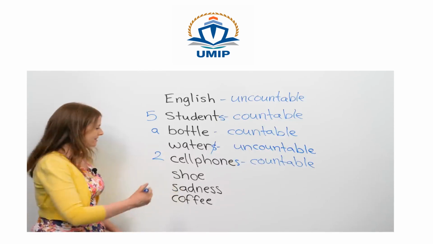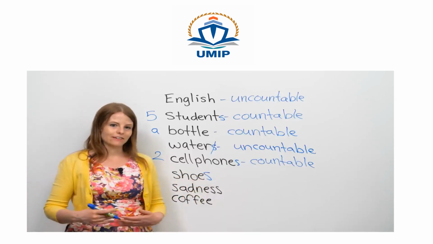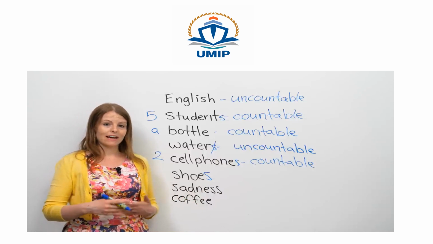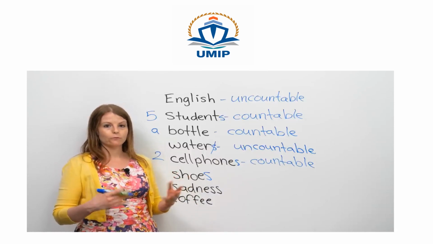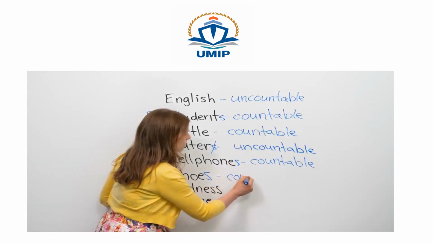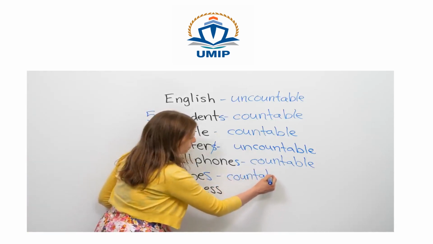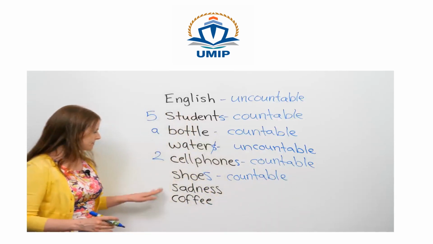Shoes are countable. I have shoes. Okay, I have 1 shoe. Here are 2 shoes, 3 shoes, 4 shoes. So we can count shoes. We often talk about a pair of shoes, but we can also count shoes individually.